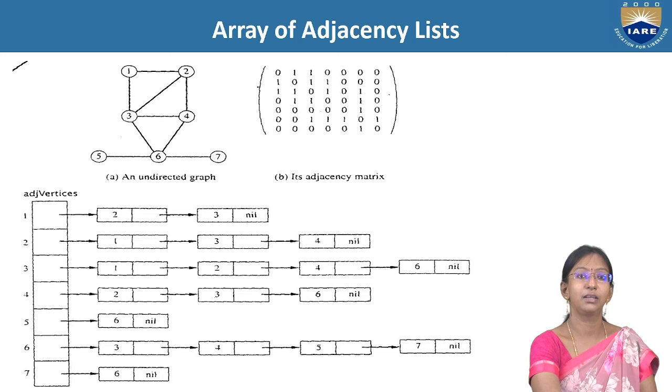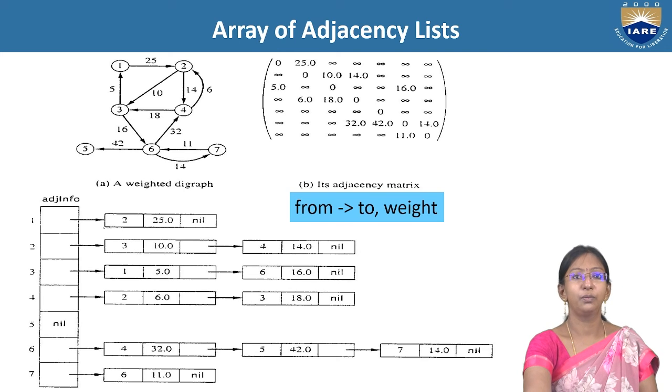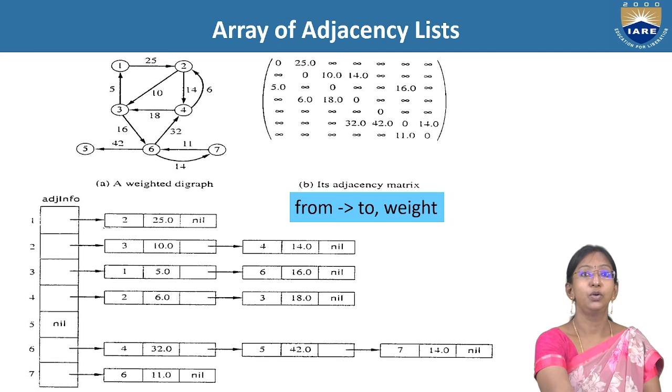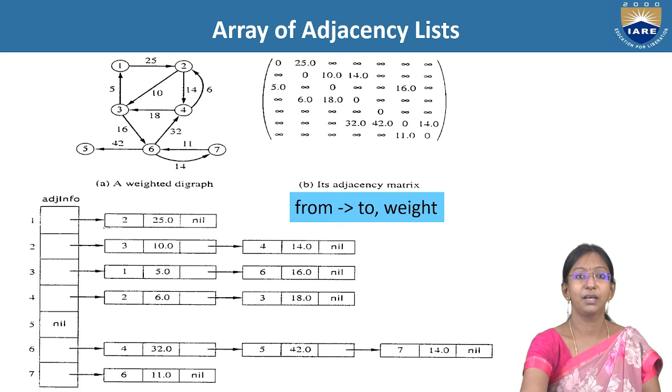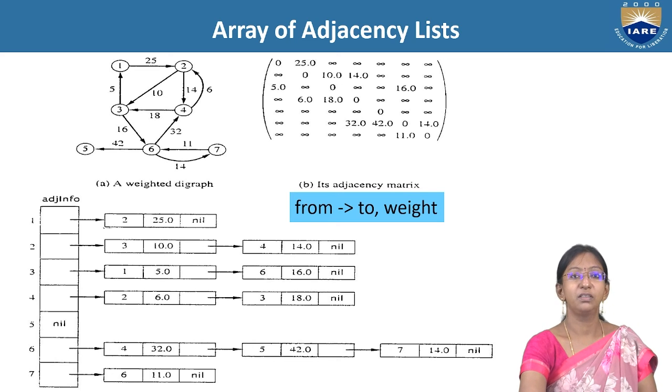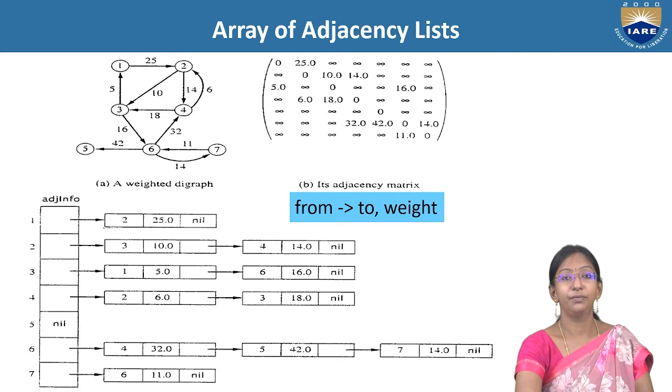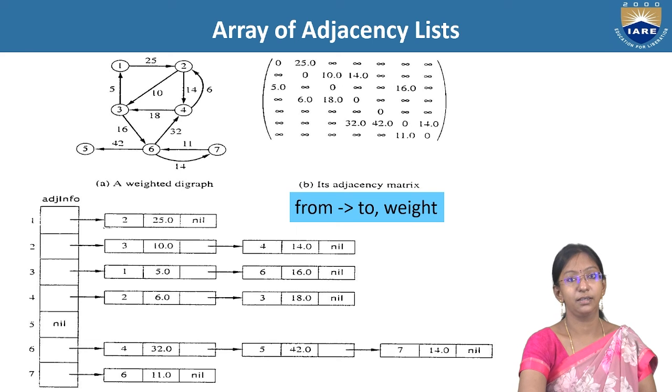Clearly you can see that, right? So to overcome that, you can represent it with the help of lists. And even a weighted one you can represent, but the node size increases because you have to store the weight of the edge also. Its size increases. Okay, so this is a linked list representation of a weighted directed graph.